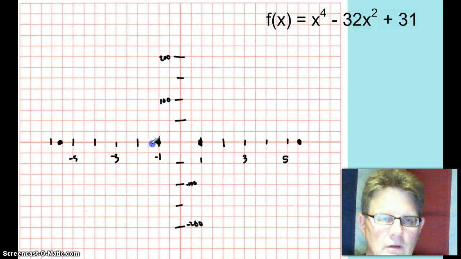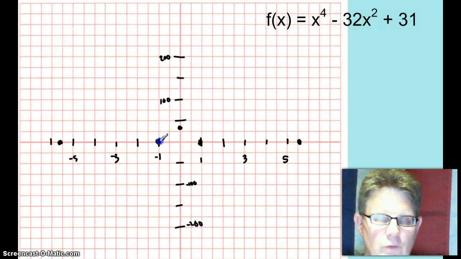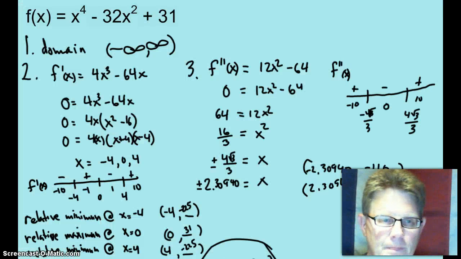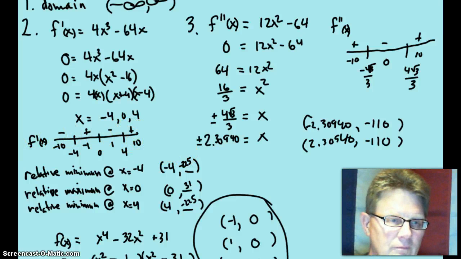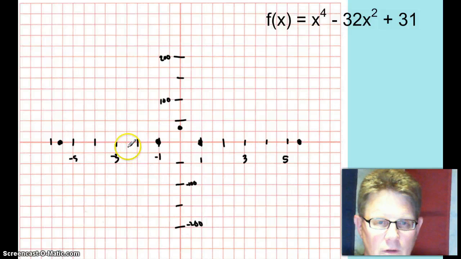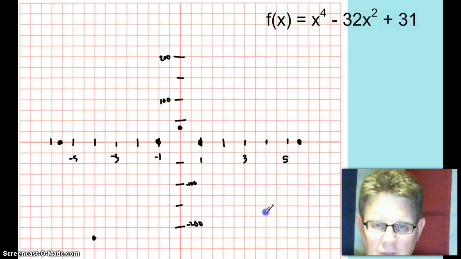All right, let's see here. It was 31, a little bit more than 25, right about there. And then let's see here, we had negative, well, can't remember, negative 4, negative 225, 200, right there, positive 4, negative 225, right there.